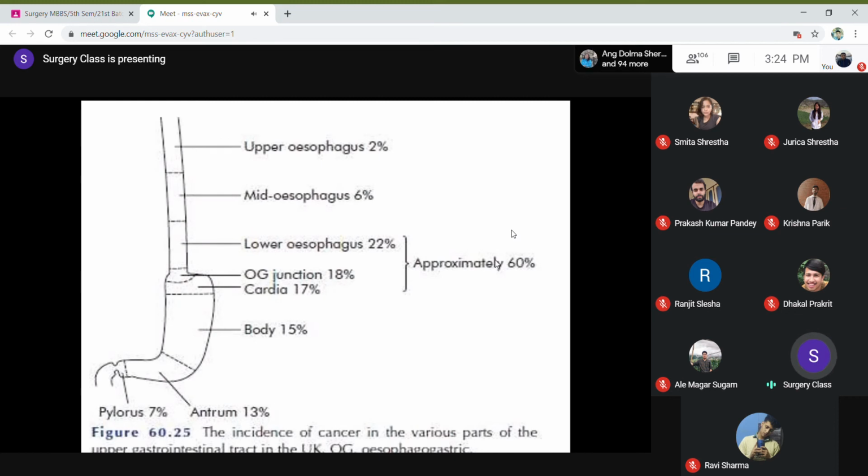All these form about 60% of the gastric cancers, involving the esophagus, or starting from the stomach and giving rise to involvement of the lower end of the esophagus. So it has progressed because people use a lot of proton pump inhibitors and H. pylori eradication medications. So it has reduced the incidence of gastric cancer in the distal part, like in the antrum or pylorus or in the body of the stomach.